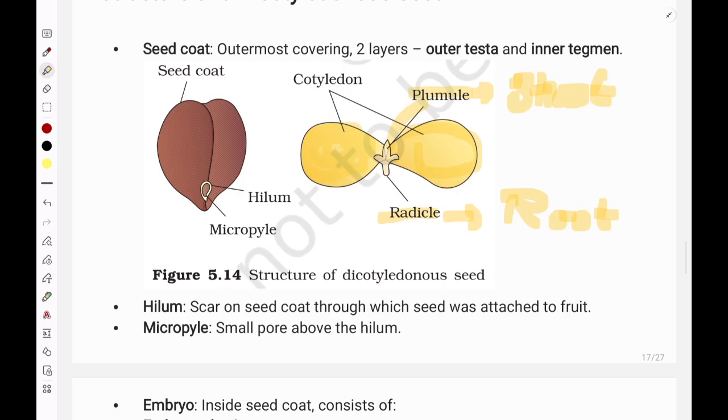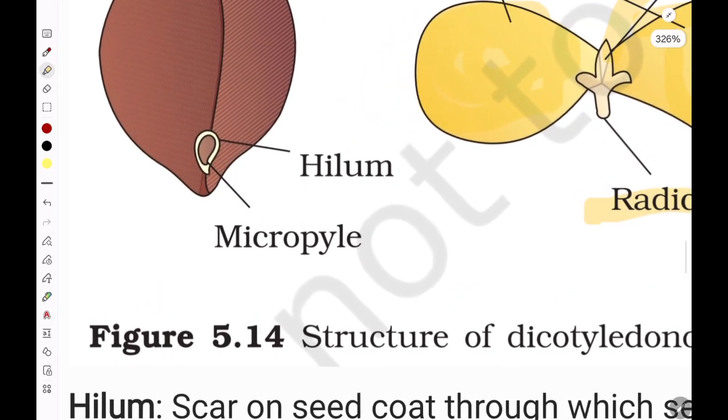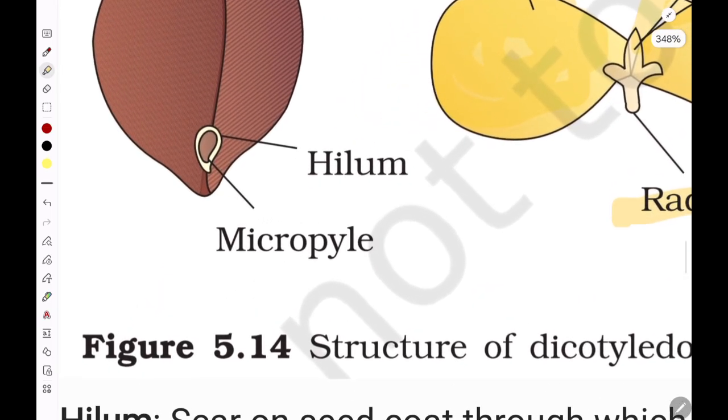This is the outer structure of a gram seed. The sheet over the cotyledon is known as the seed coat. There is a small attachment area where the placenta was attached to the seed. This is called the hilum, and there is a very small hole present near the hilum.